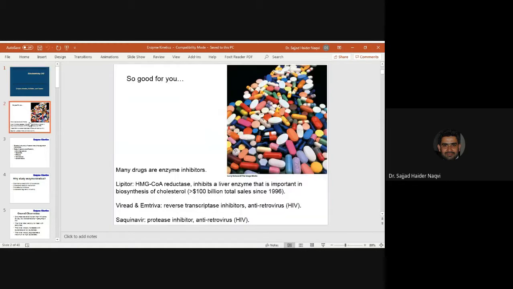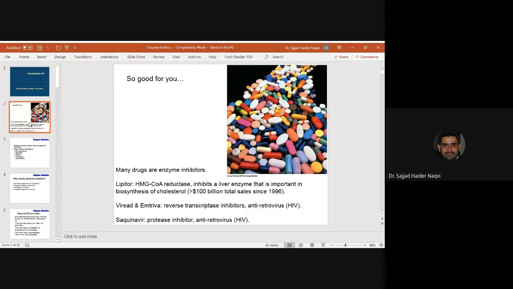So we know that there are many drugs which are enzyme inhibitors, and some of the examples are right in front of you, like Lipitor, which is an HMG-CoA reductase enzyme inhibitor. This particular enzyme is a liver enzyme, important in the synthesis of cholesterol.